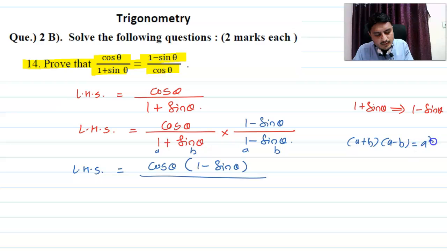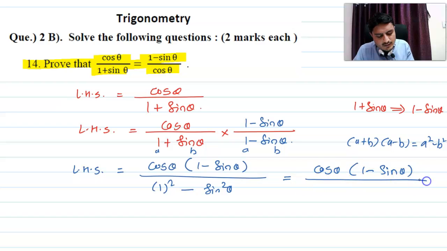Those are the factors of a square minus b square, where the value of a is 1, so we get 1 square minus sin theta whole square, that is sin square theta. 1 square is 1, so the LHS is cos theta into 1 minus sin theta divided by 1 minus sin square theta.